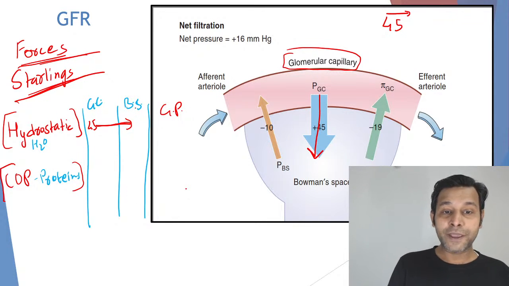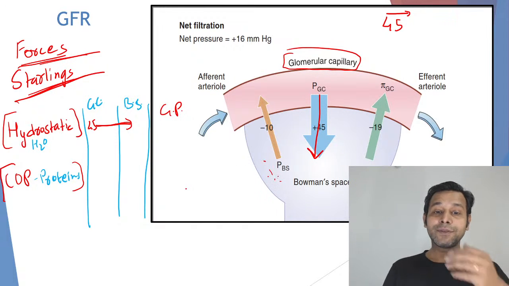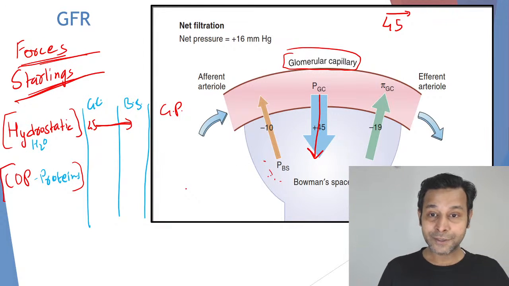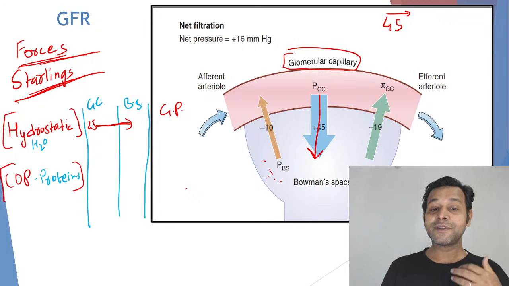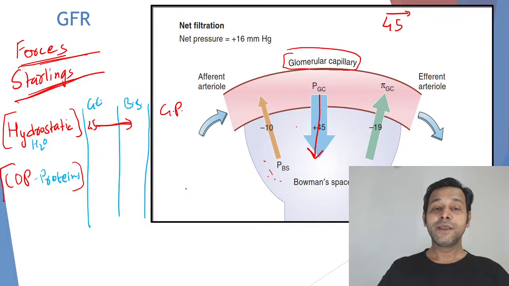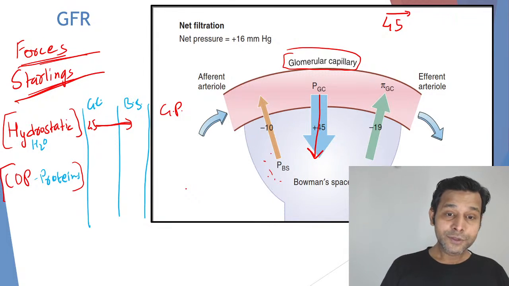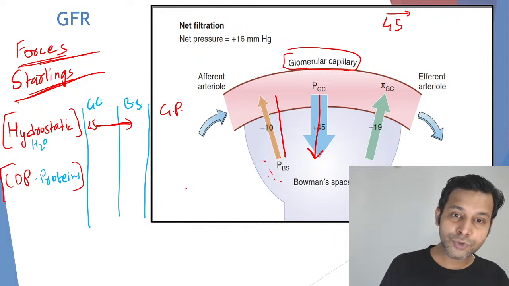The Bowman's space also has fluid or water in it. So the Bowman's space hydrostatic pressure, I repeat, will push the fluid in the opposite direction, because whenever there is water, it pushes the water out of that compartment. So the Bowman's space water will be pushed from Bowman's space to the glomerular capillary.